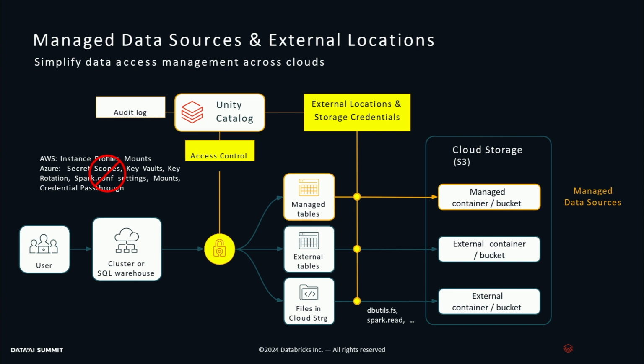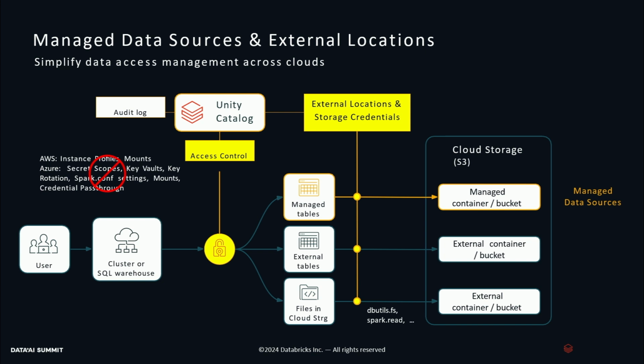Now, with Unity Catalog, there is this concept of two types of storage locations, right? One is managed and one is external locations. We have already discussed it. Now, managed storage is the same as DBFS associated with Hive Metastore in the pre-Unity Catalog world. Anything that lies outside this default DBFS is called an external location.